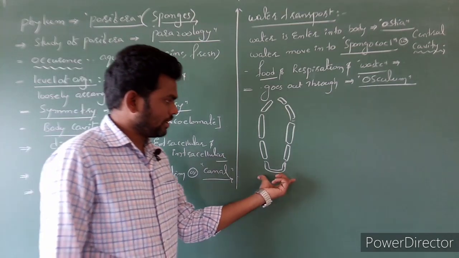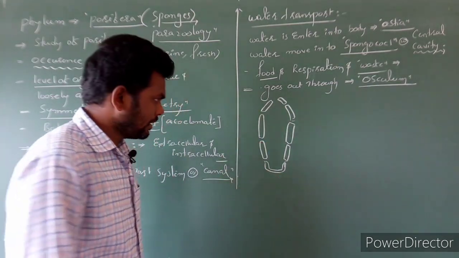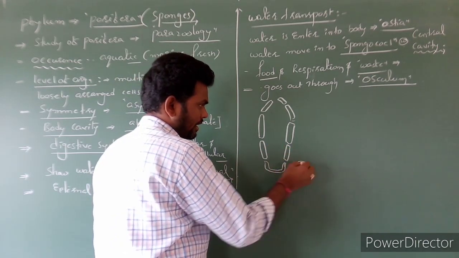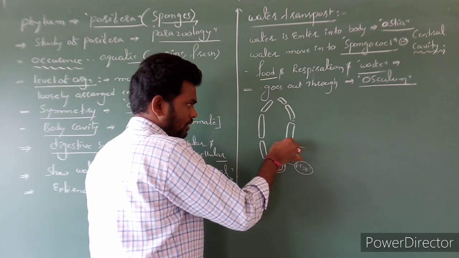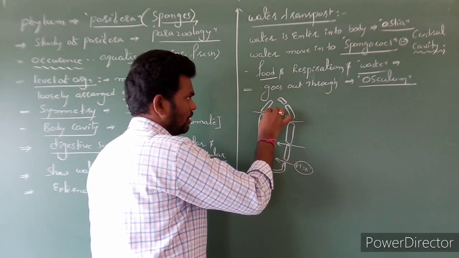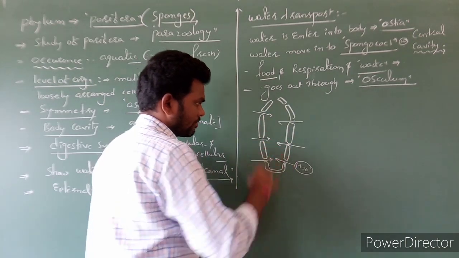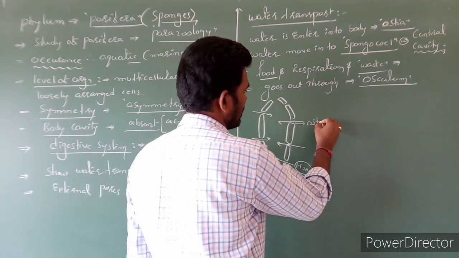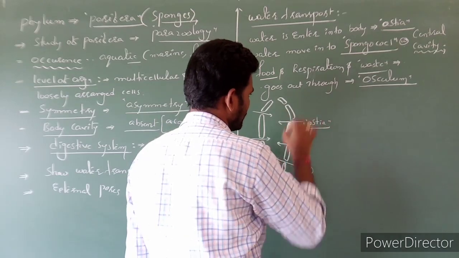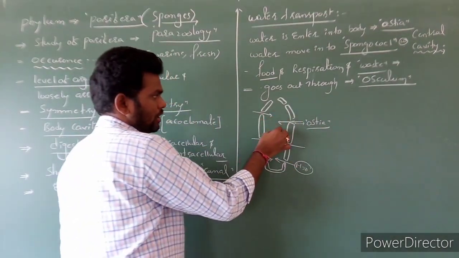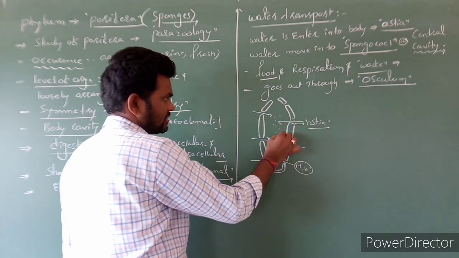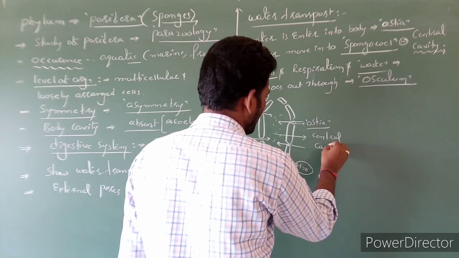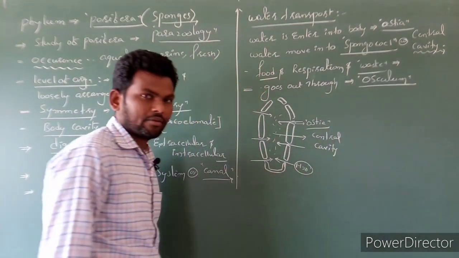This is one small diagram of water transport. Here are the external pores. Water enters into the body through these external pores. Clear? So these external pores are called ostia. Now the water molecules as well as food molecules are gathered in this central space, called the central cavity, nothing but spongocoel.